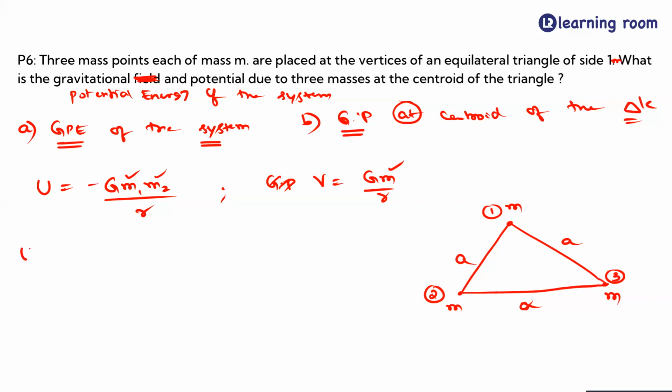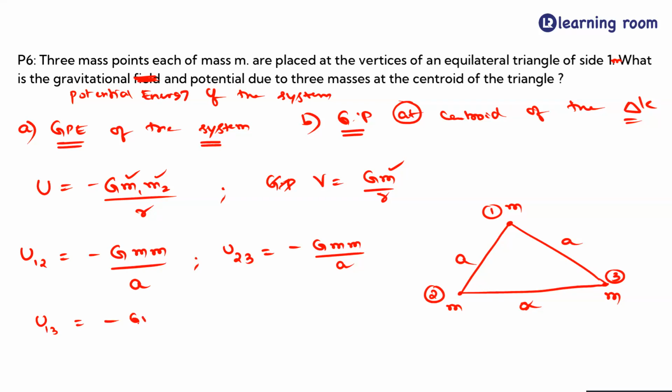If I calculate the potential energy between the first and the second mass, what will it be? It will be minus G into M1 is M, M2 is also M, and the distance of separation between them is A. Similarly, what is U23? It is minus G into M1 into M2 divided by A. What is U13? Tell me.